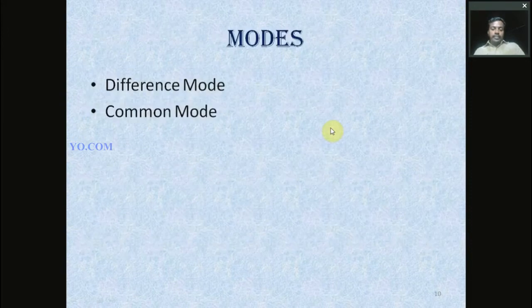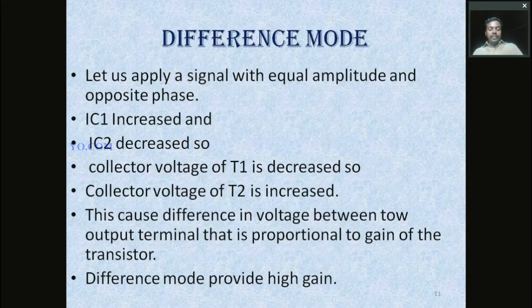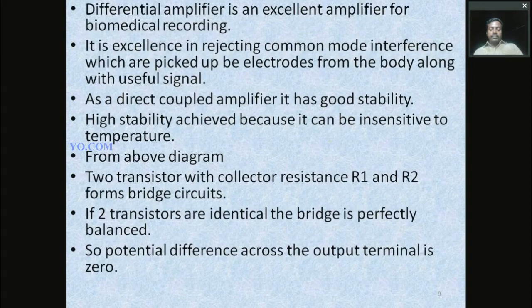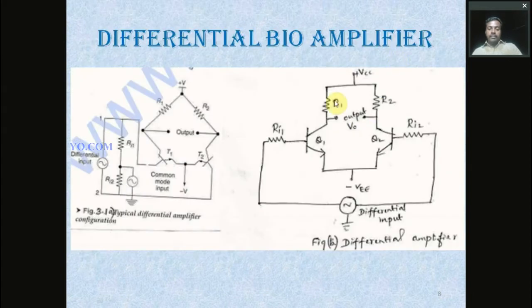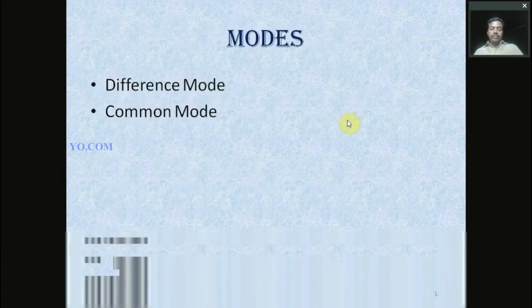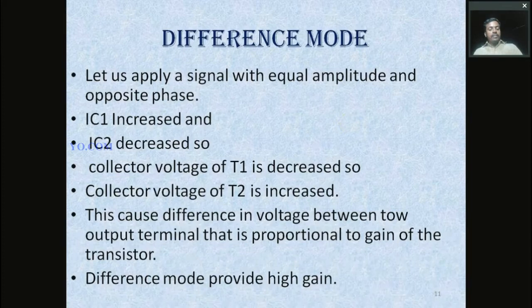IC1 is increased and IC2 is decreased, so here the collector voltage is decreased and there the collector voltage is increased. So we have some difference output in V0. Okay, so it provides some gain. So the output is directly proportional to the gain of the amplifier. Okay, this is the difference mode.